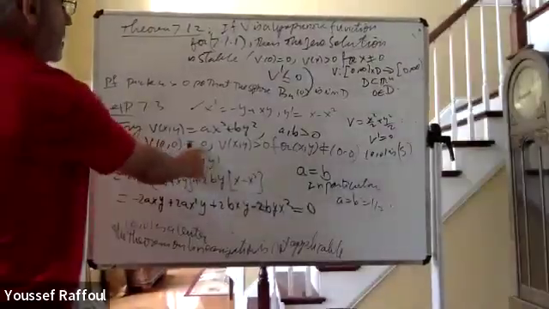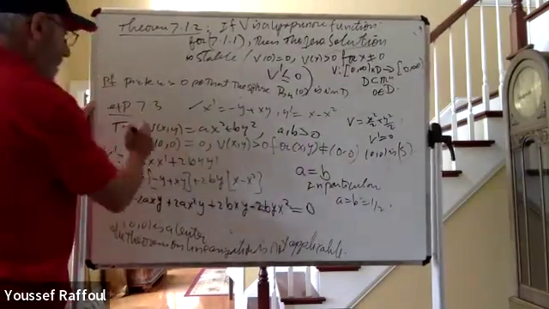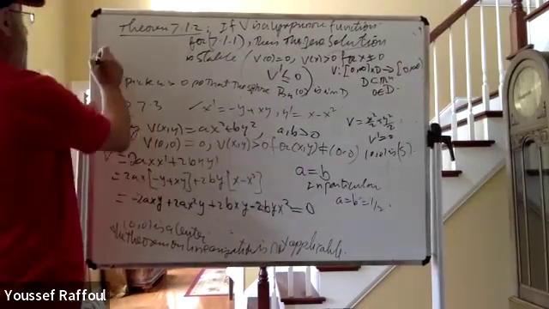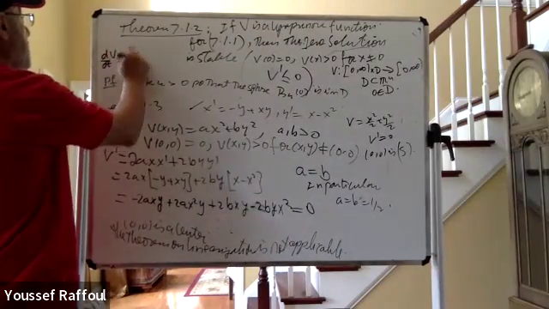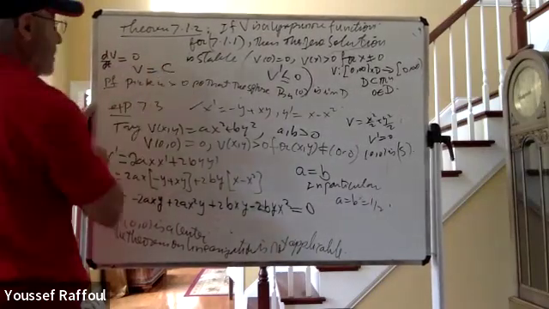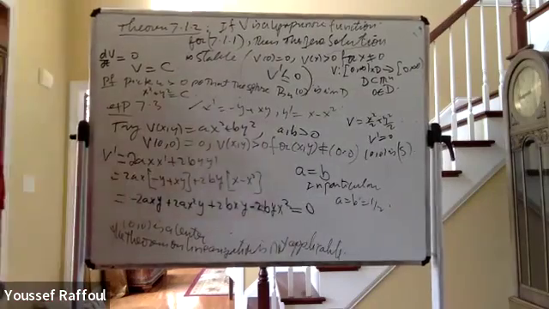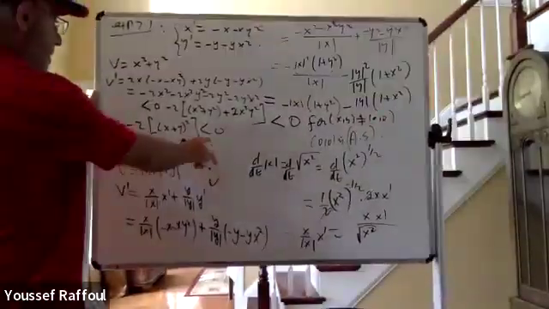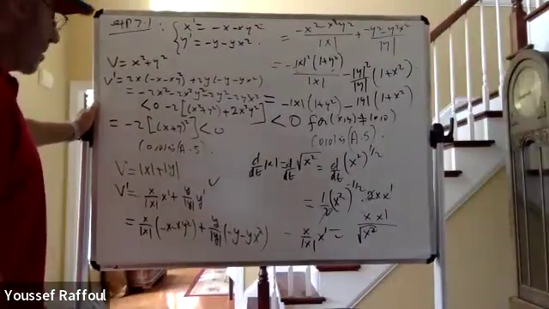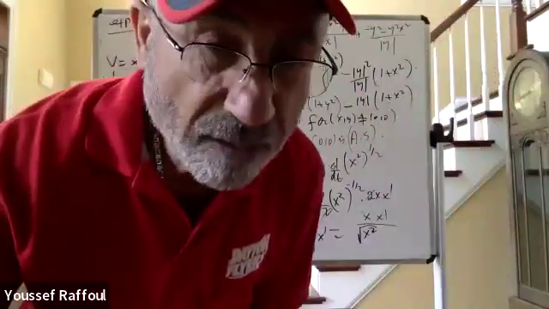Like here, if the derivative is 0, we have dV over dt is 0, that means V is constant. But what is V? x squared plus y squared equal constant, that is a circle. So it's a closed loop around the origin, only if it is 0. Here, it is less than 0, asymptotically stable. The solution could spiral toward the origin.